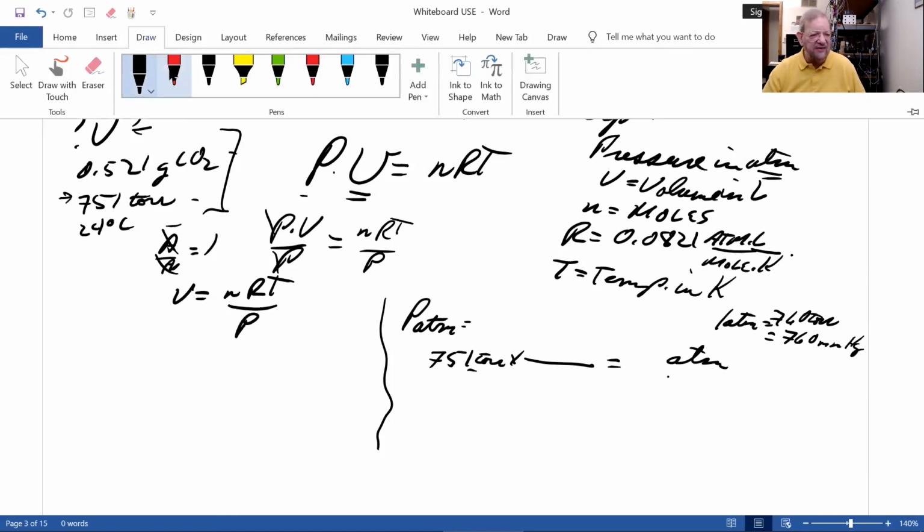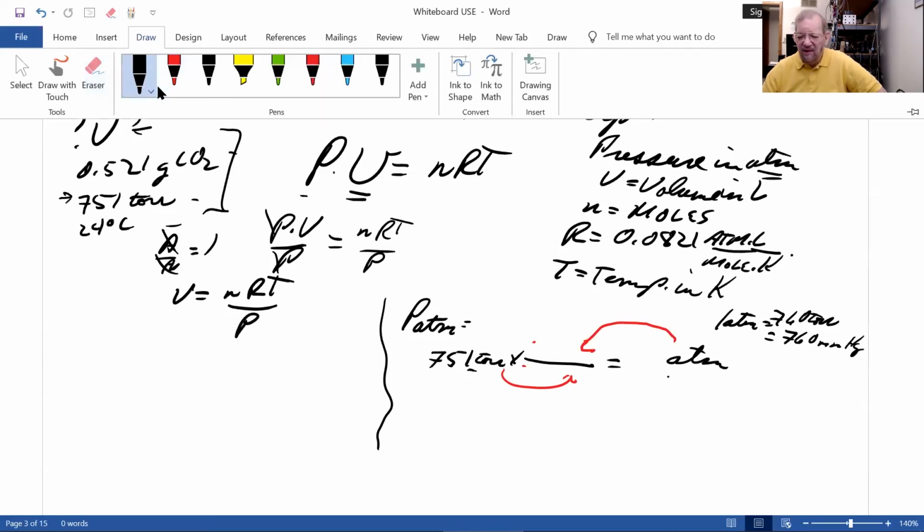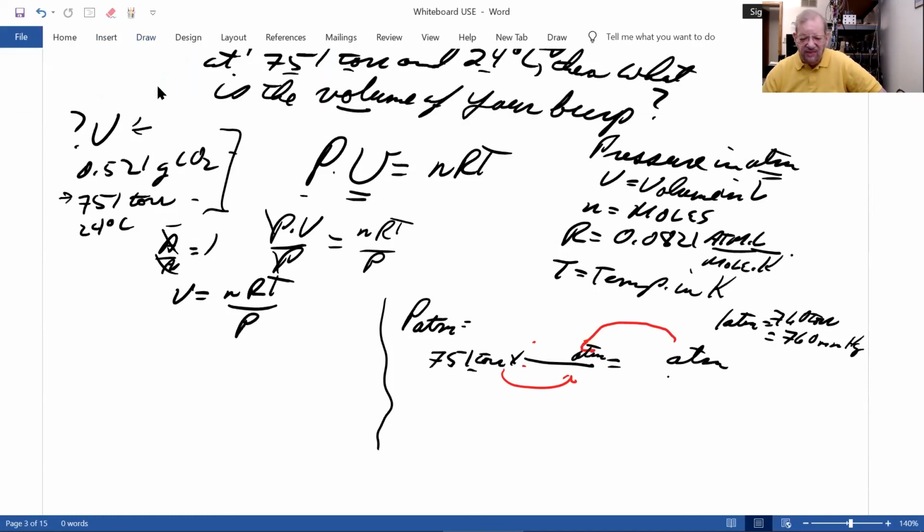It's time for Dr. White to say, it's time to use your good buddy, your good friend, unit analysis. Whatever we're trying to get to goes on top. Whatever we're trying to get rid of goes underneath. In this case, where do we get these numbers? Well, first of all, we write in the units.